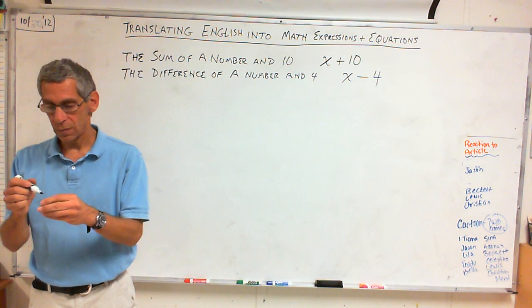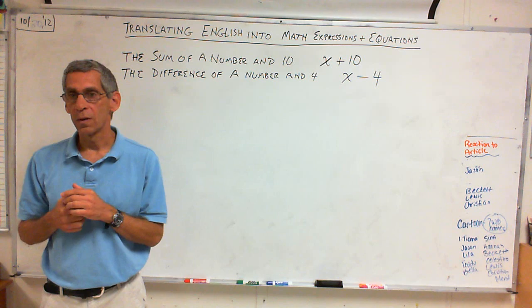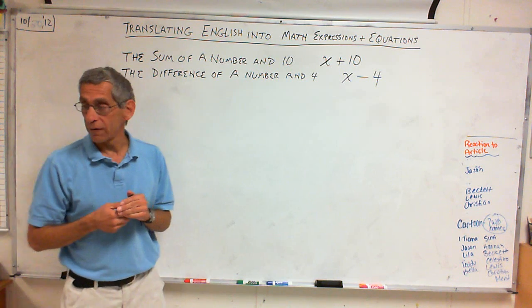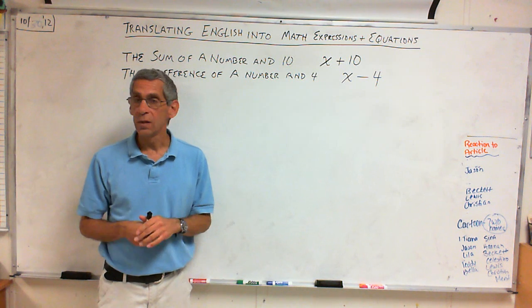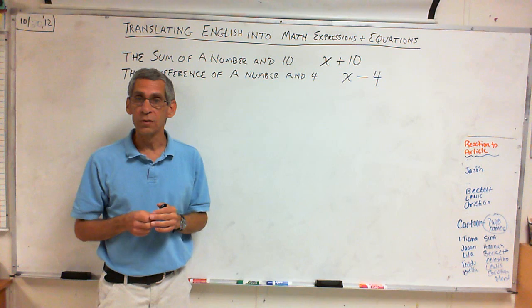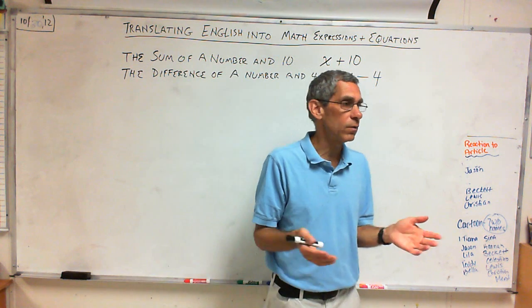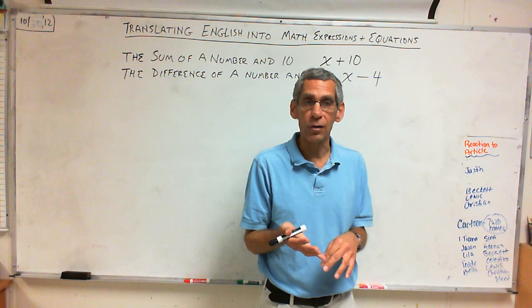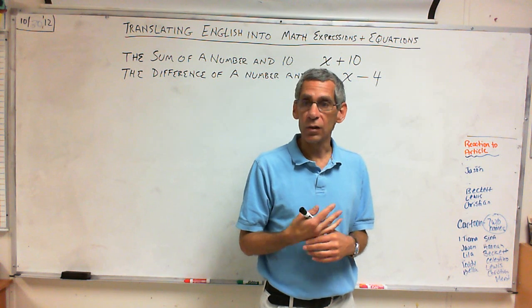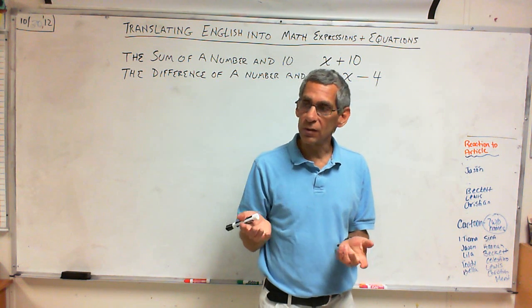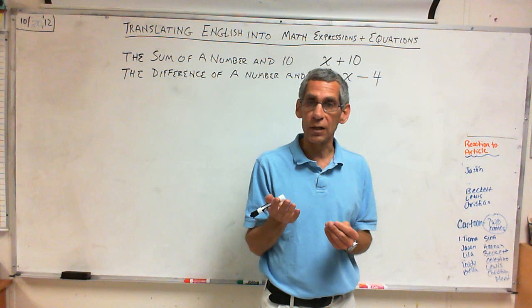Yes, Sal. In Saxon, don't they use N instead of x? Saxon often uses N. That bugs me. It makes no difference which you use. N is just a variable. I could use anything. I could use A, I could use B, I could use C. But there are a lot of variables that look like numbers.